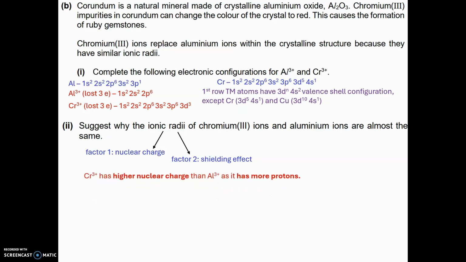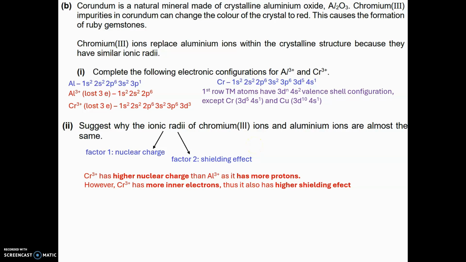So first thing, chromium 3 ion has more protons than aluminium 3 ion, which gives it a higher nuclear charge. However, chromium 3 ion also has more shells of electrons, which means that it has more inner electrons, so it also has a higher shielding effect than aluminium 3 ion.